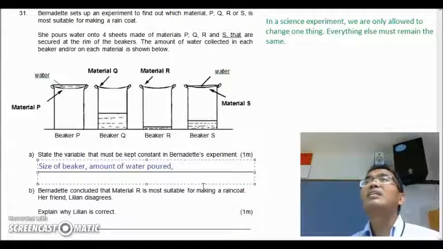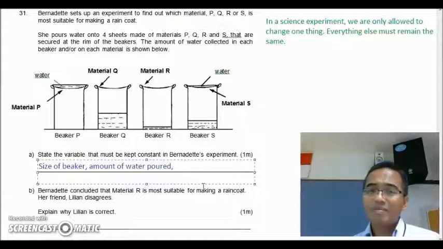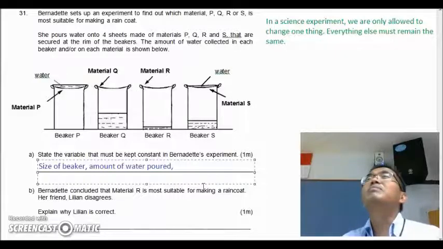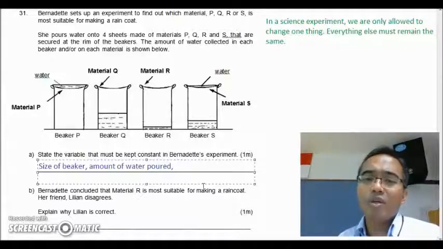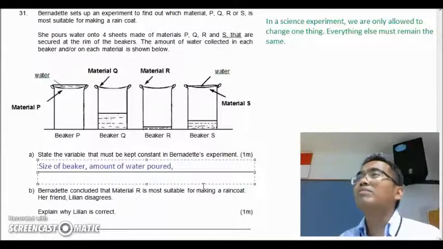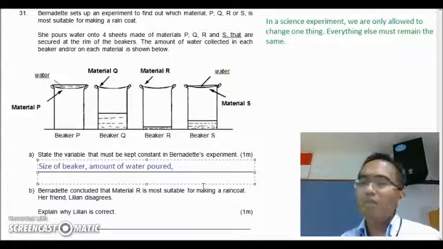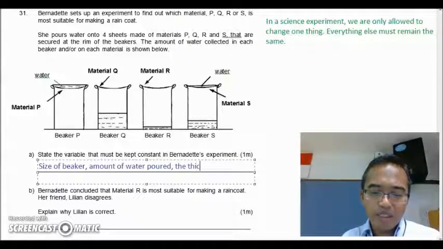Other than that, very important, what measurement? Yeah, the measurement of the beaker, the size of the beaker should all be the same. The amount of water, the type of water should all be the same. One more. The thickness of the material. Very good. The thickness of the material tested.